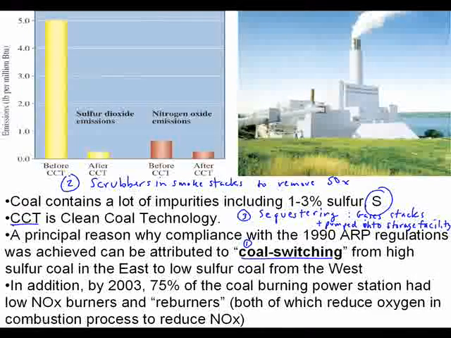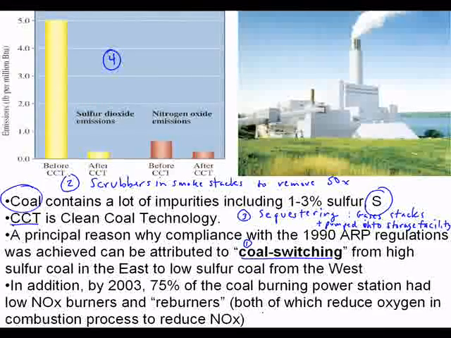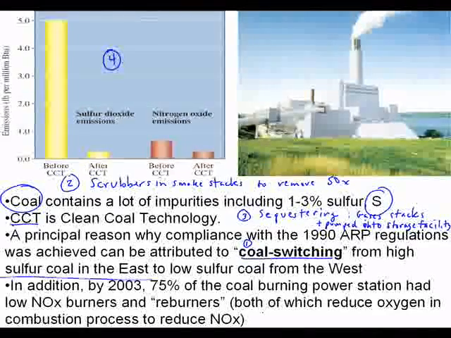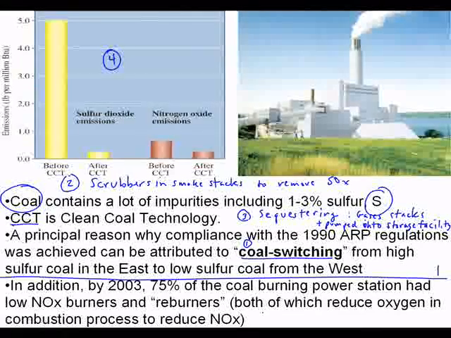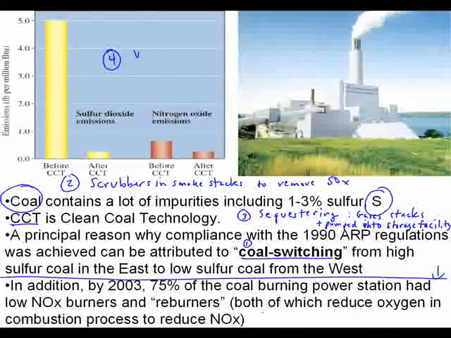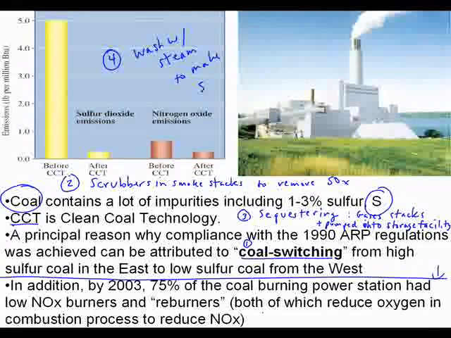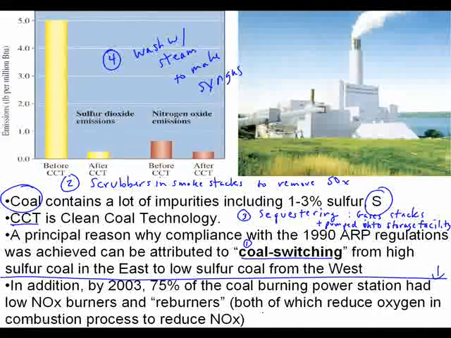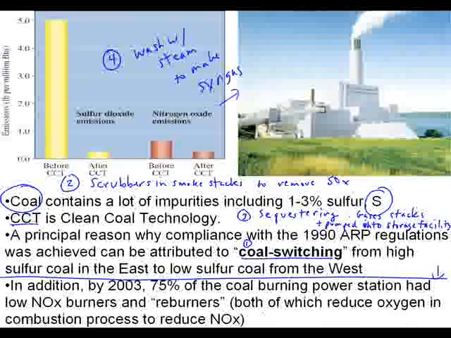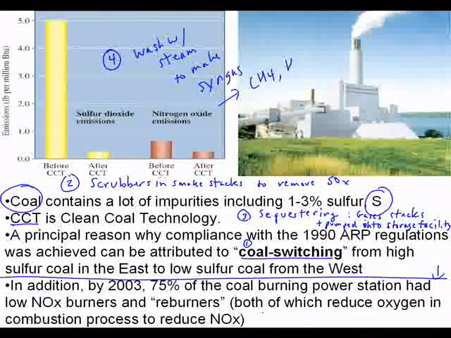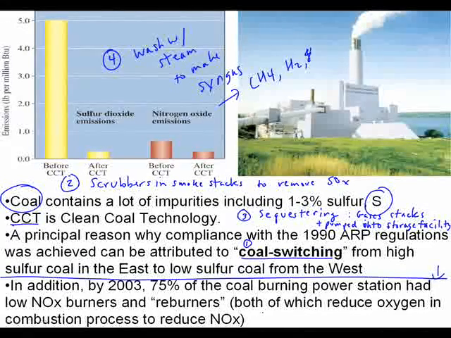You can also pre-wash. This is all for just coal. All right, so this is all coal. 1, 2, 3, 4 is all coal, and then this is my friend sulfur or NOx down here. Okay, so coal, we can also wash it with steam to make what's called syngas, which removes the sulfur and other impurities and makes primarily CH4, H2, and, gosh, I think that's primarily what they are.